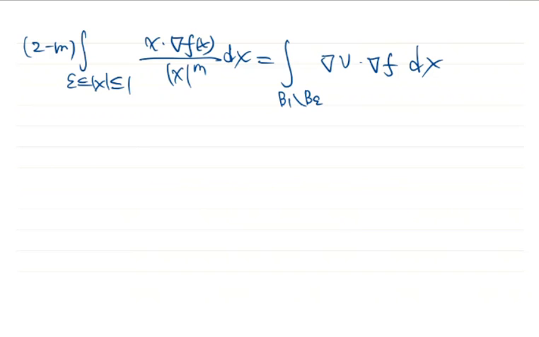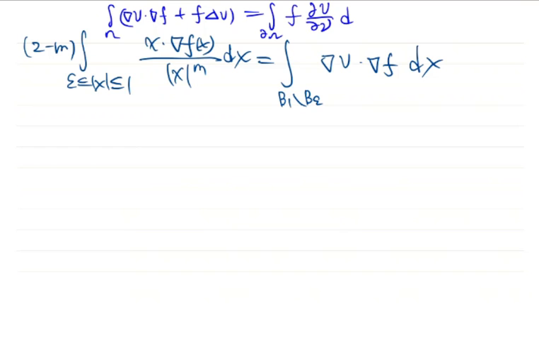The Green first identity is: the integral of gradient v dotted with gradient f plus f Laplacian v equals the integral over the boundary of f times dv/d nu. But the Laplacian of our v here is 0. So this integral is just what we have on the left hand side of the Green first identity.